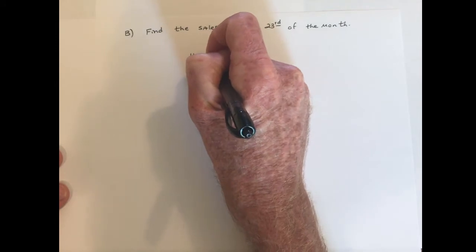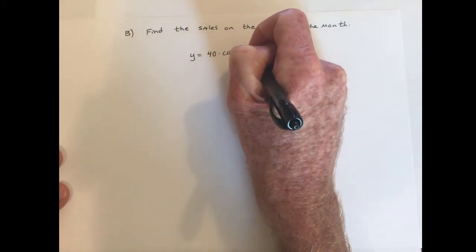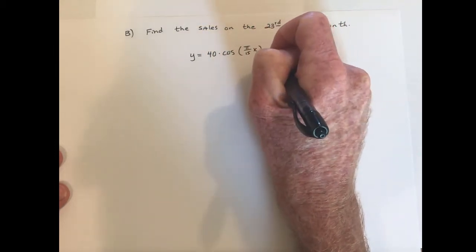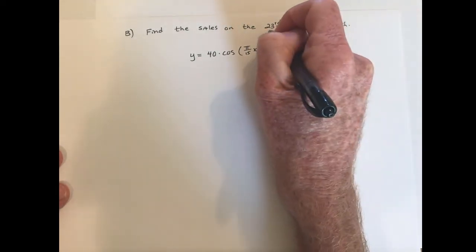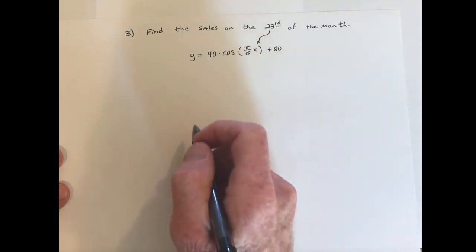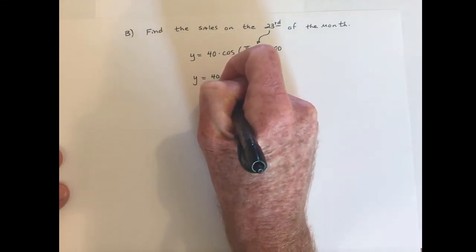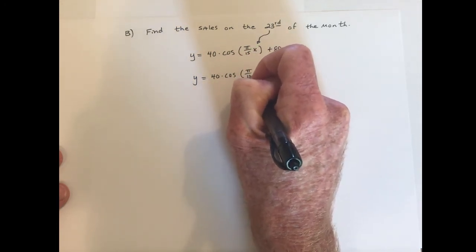The function is 40 times cosine of pi over 15 times x, where x is the days, and then plus 80. So for this one, we just need to substitute a 23 in for x. And at that point, just type it into the calculator.